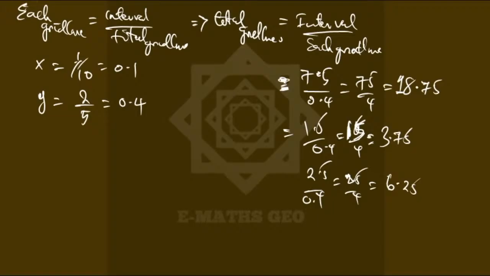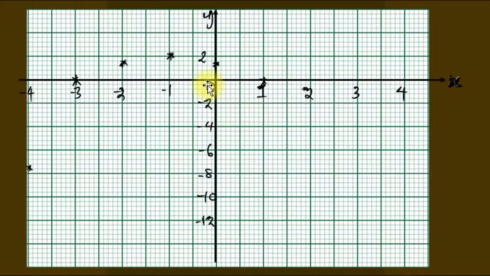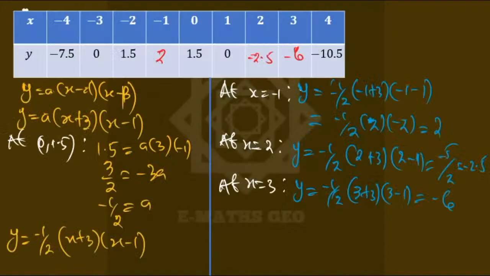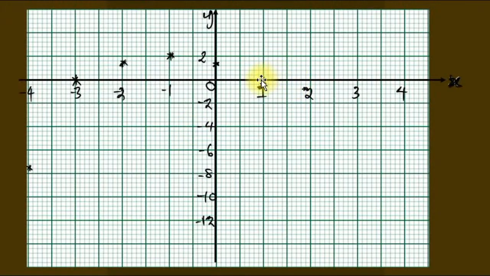6.25. So we'll move to 1 is 2. We'll move 6 points, so this is 5. 6 points, so just pull that 5. 6 around here. 6.